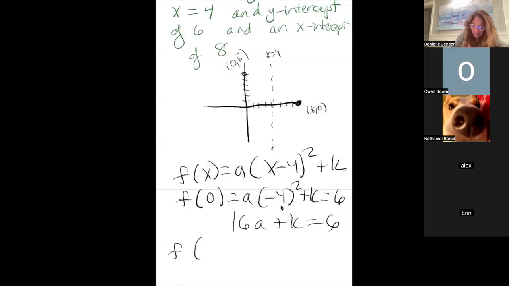Okay. Now, if I have another point, f of what's the other point? When I plug in 8, I get a times 8 minus 4 squared plus k equals 0. And so I'd get, this is where I knew I was in bad shape, everybody.